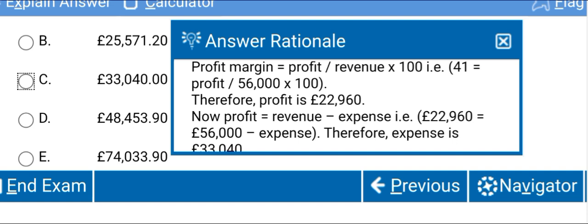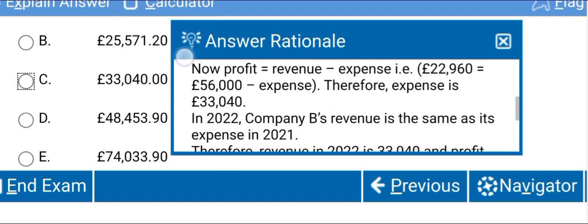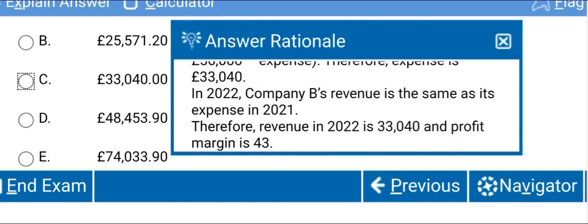Therefore profit is 22,960 pounds. Now profit equals revenue minus expenses, that is 22,960 pounds equals 56,000 pounds minus expense. Therefore expense is 33,040 pounds.